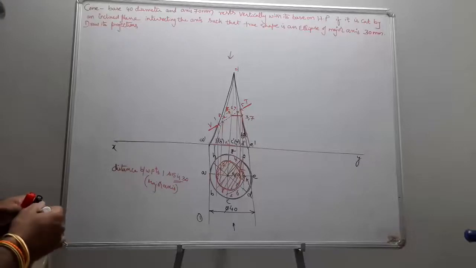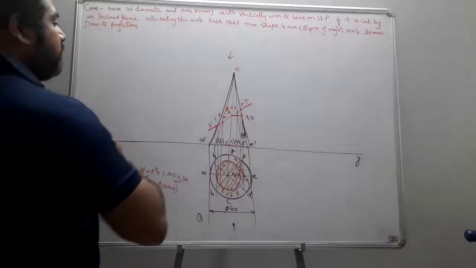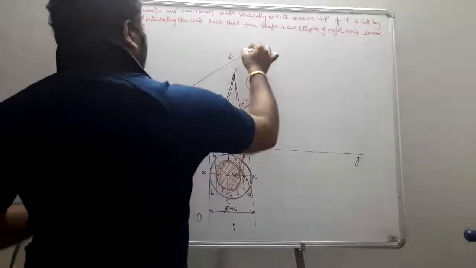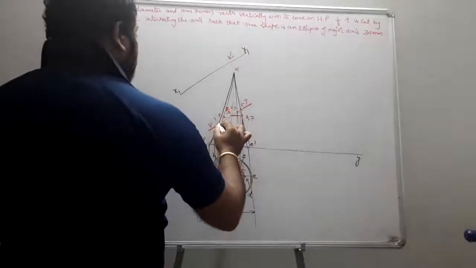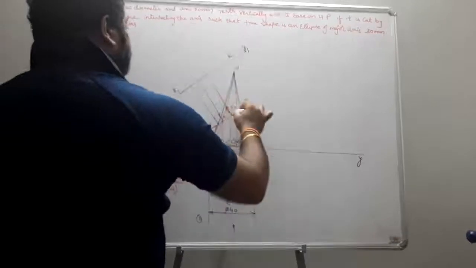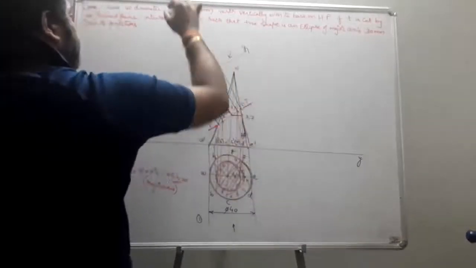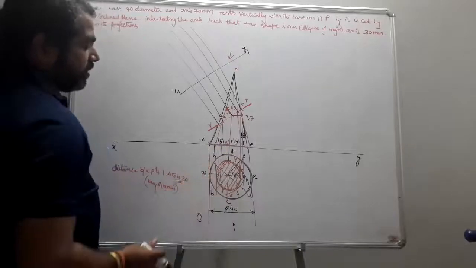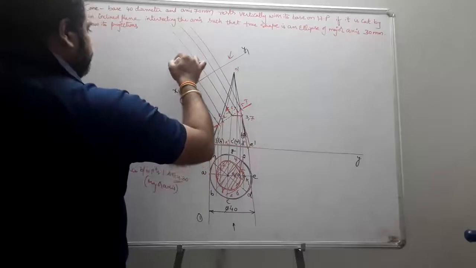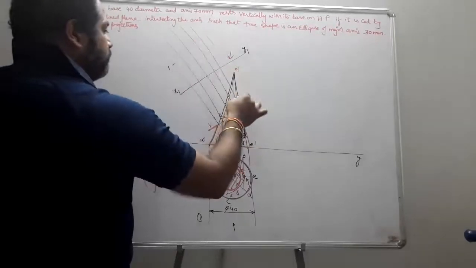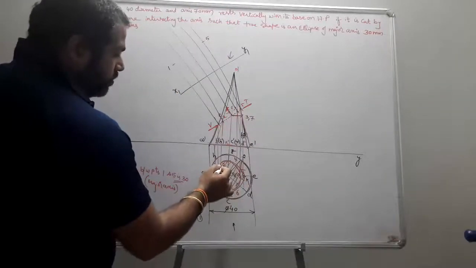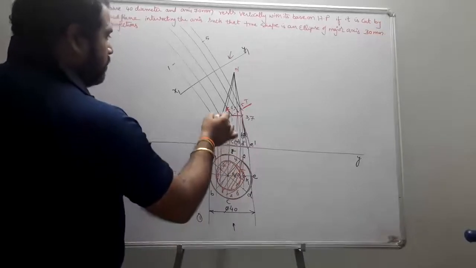Now how can we obtain our true shape? We already know: draw a line parallel to the vertical trace, draw perpendiculars from all the points, and mark the distances from the old reference line. Next 2, here it is 2.